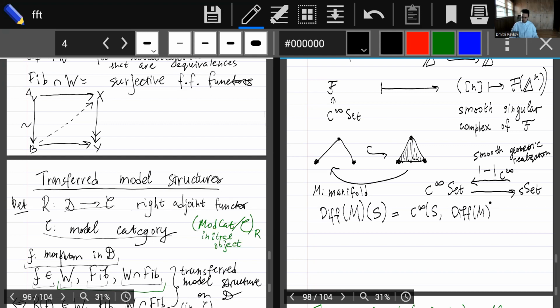Well, diffeomorphisms are in particular endomorphisms, and you can say these are just smooth maps from S times M to M, so that for any point in S, if you evaluate at this point in the first argument, the resulting map from M to M is a diffeomorphism.